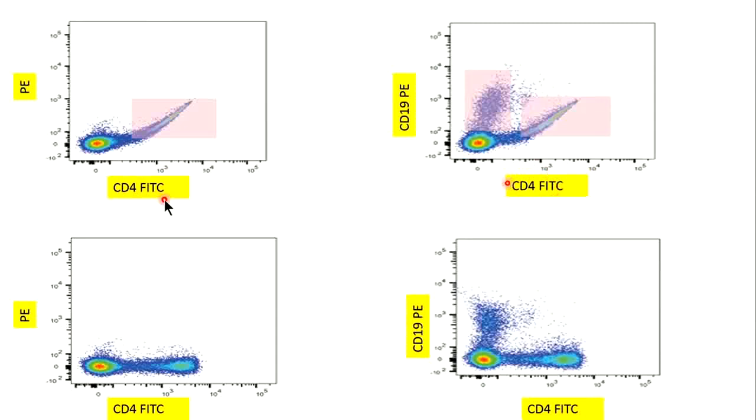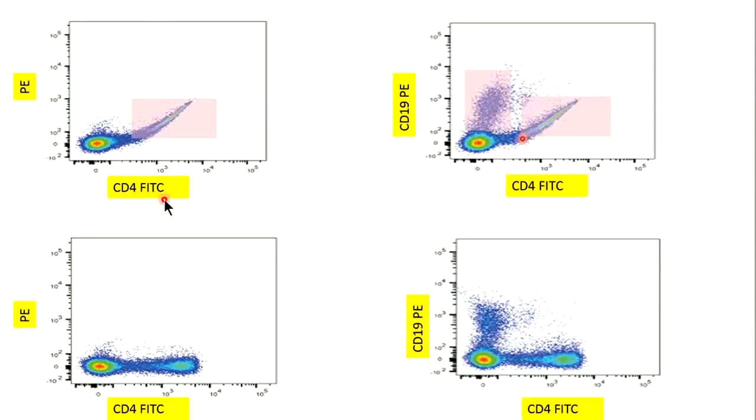We have added an antibody against CD4 protein, and it has a label attached to the antibody, and that is FITC. Then we have added an antibody against CD19 protein, which has a label that is PE. So you can see you are having different populations, one which is double negative, one which is only positive for CD19, and one which is positive for CD4.